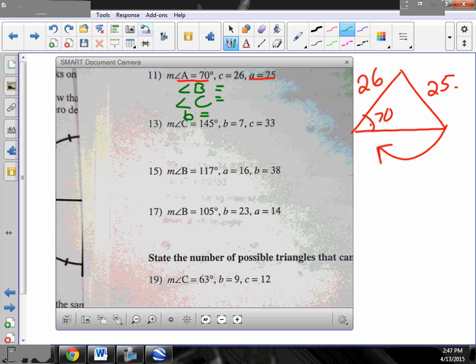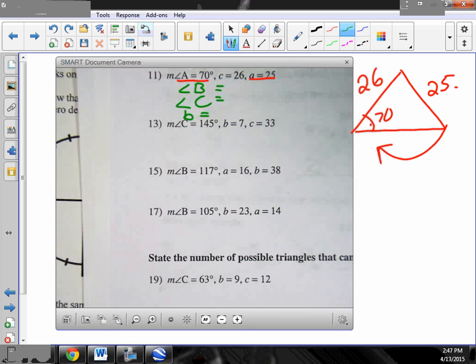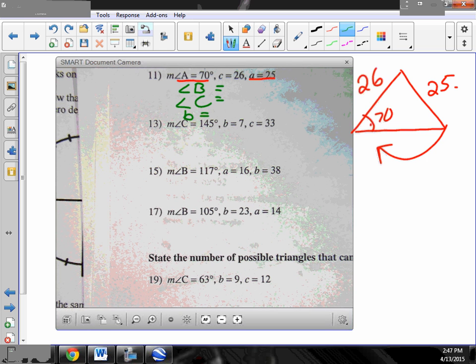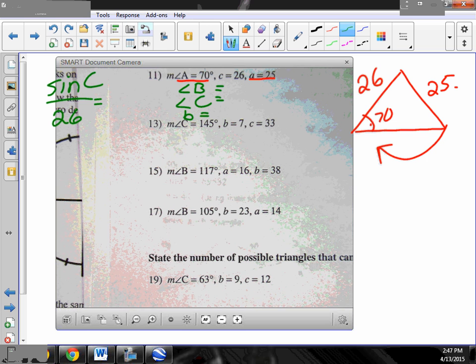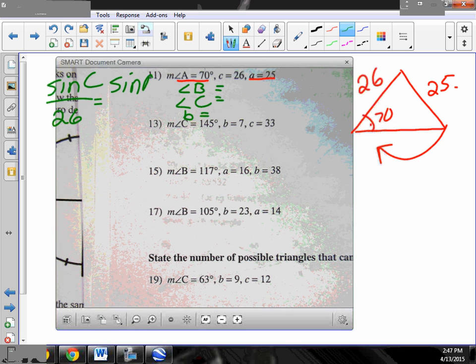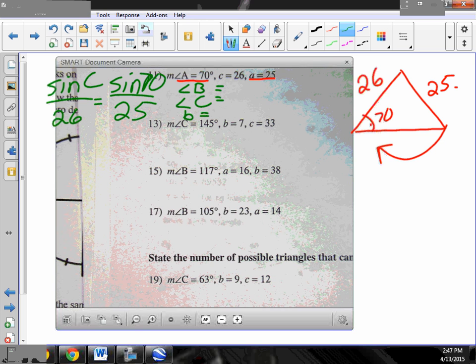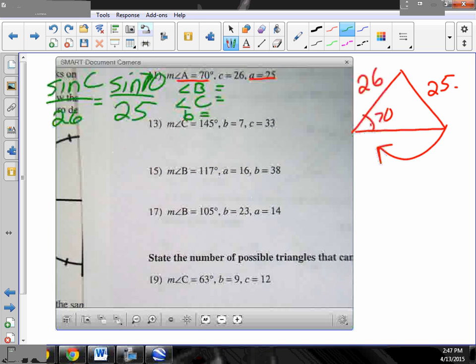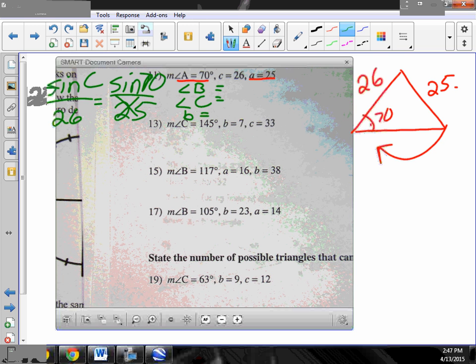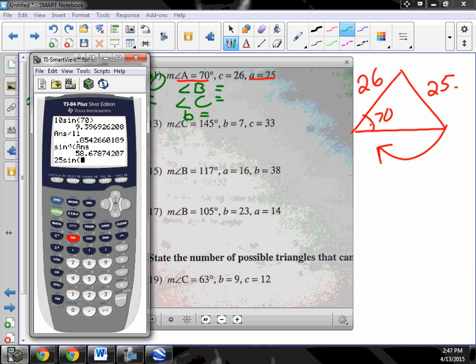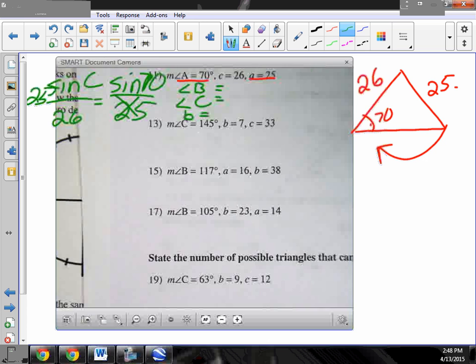We can't touch B until we can find the angle C, which then we can find angle B. Okay, so angle C, sine of C over 26 is equal to the sine of A, or 70 over 25. Everybody okay with that? Multiply by 25. So 25 sine of 70 divided by, oh wait, yeah, divided by 26.